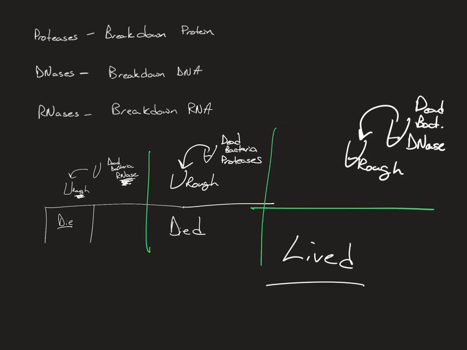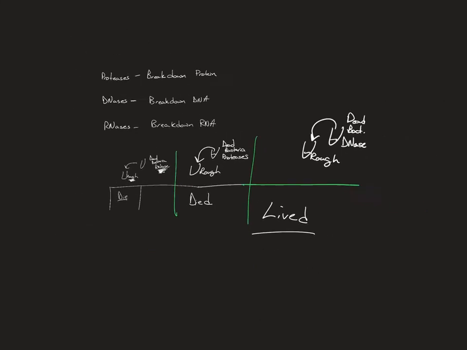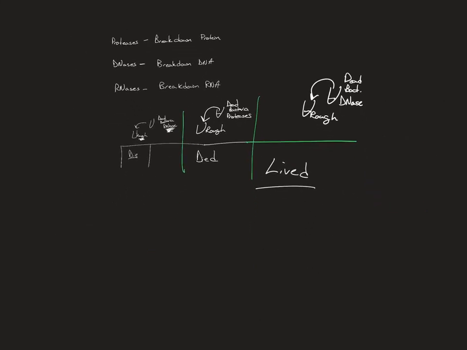But see, common sense is not that common. And science is nothing but common sense applied in a methodical way. So it's just really a beautiful experiment. So that's how we know that DNA is what's inherited.